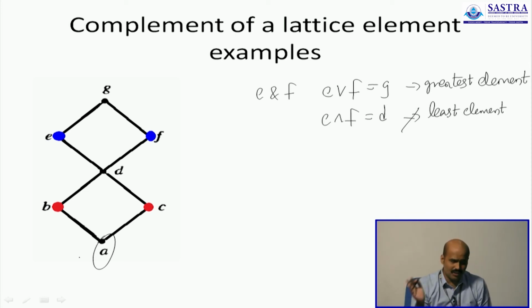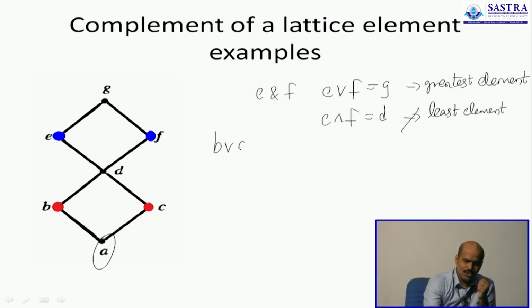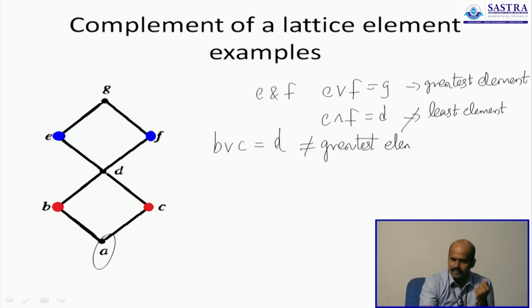You can proceed further and also say that B and C don't have their LUB in G. Look at the join of B and C. The join of B and C happens to be D. Once again, D is also not the greatest element.